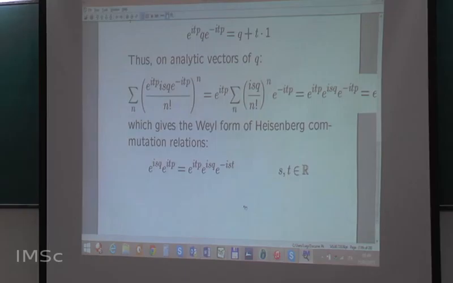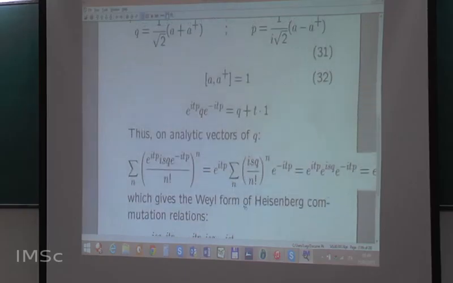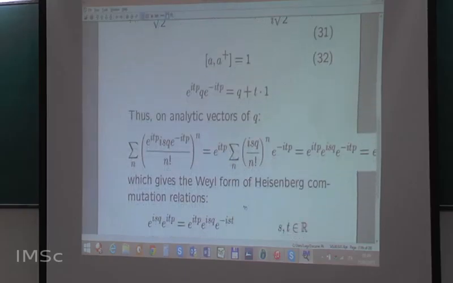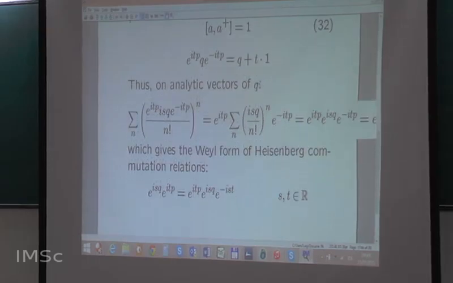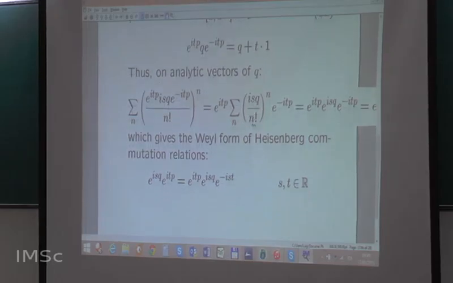So, from the commutation relation, just by taking the derivative in t, you find that this is the unique solution, and that P acts as a translation of Q. This is a well-known fact, but I didn't give the proof. So if you take powers of both sides, and then you do the exponential series, this will converge on analytic vectors.